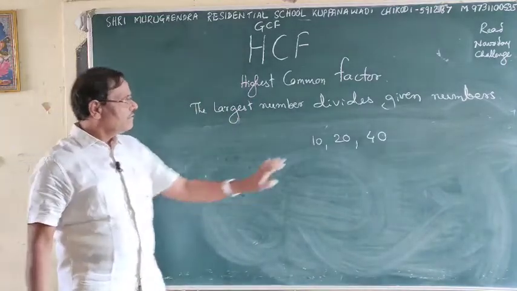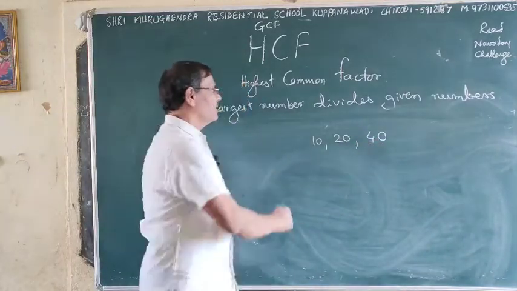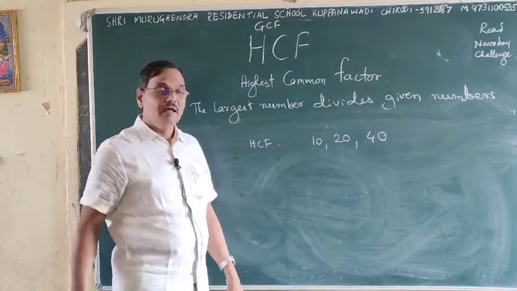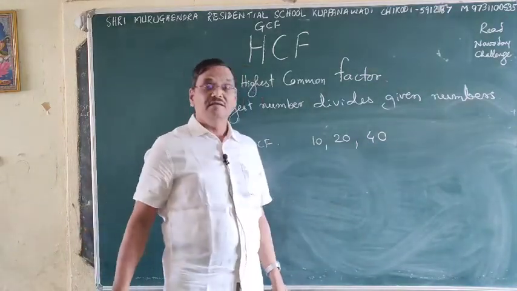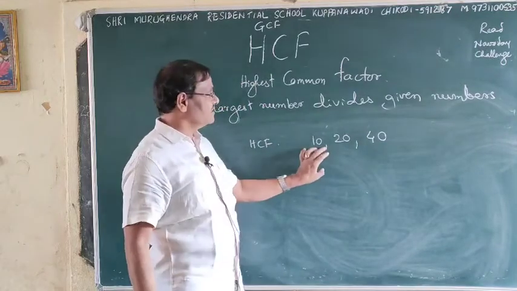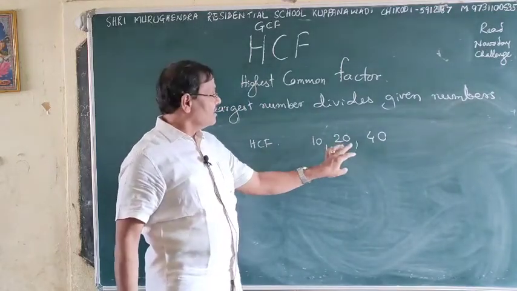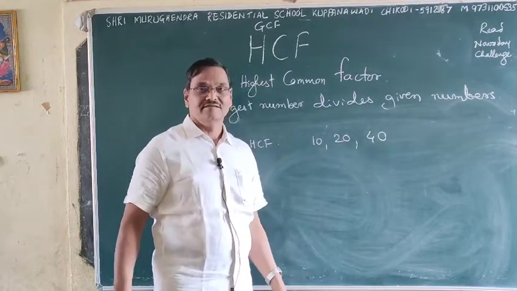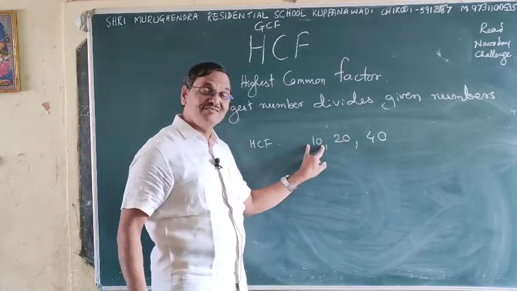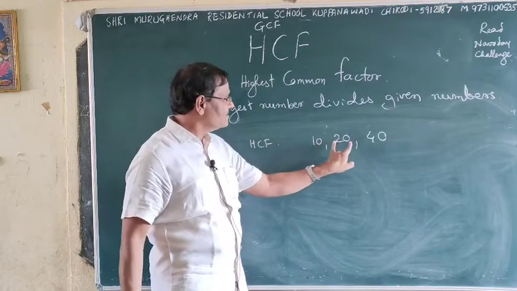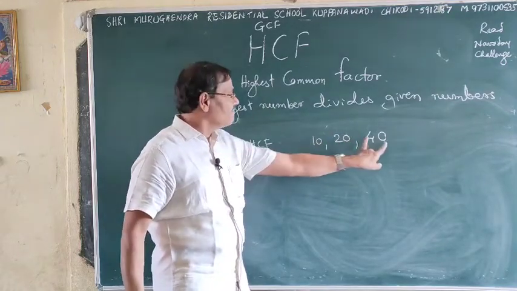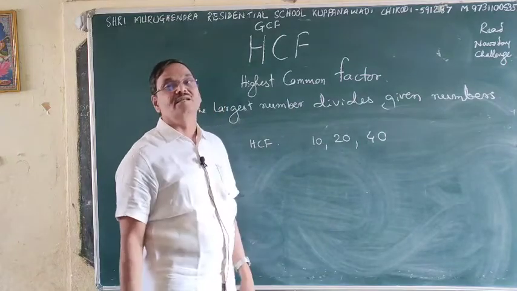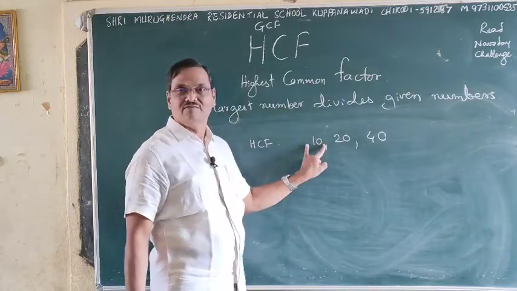See here, among the given numbers, if the smallest number is a factor of the remaining numbers. 20's factor is 10, 40's factor is 10. So, that smallest number itself is HCF.